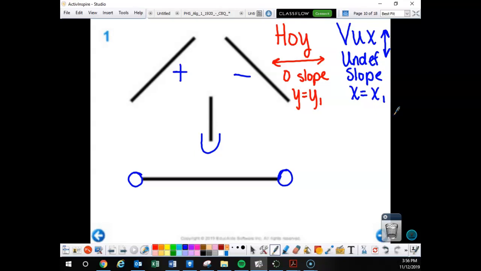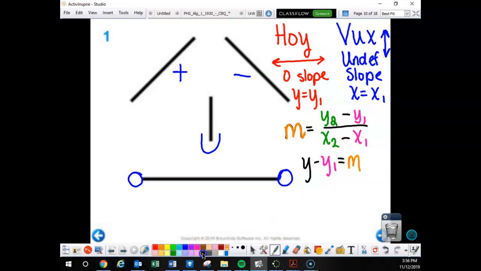Okay. A few things. Your slope formula, m equals y2 minus y1 over x2 minus x1. And then you plug this into your point slope formula, y minus y1 is equal to m times the quantity of x minus x1.